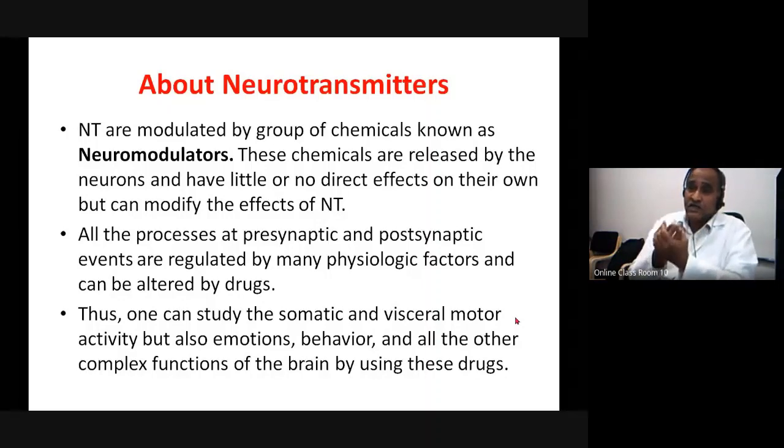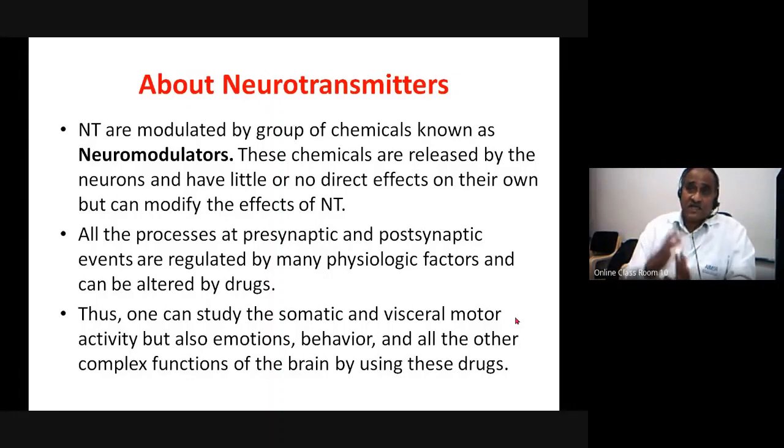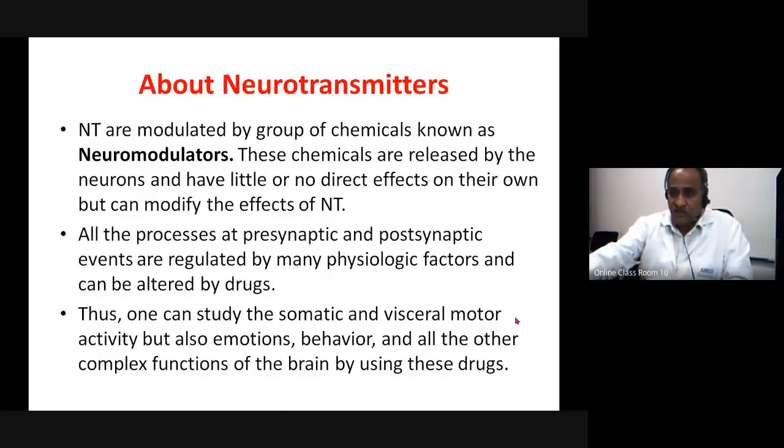The cholinergic neurons in the hippocampus and around the circle of Meynert are destroyed, and because of that the person is forgetting. He does not have short-term memory. So now you have to enhance the synaptic activity of the cholinergic neurons. Like that, we can use these drugs to enhance various events of the neurotransmitters.